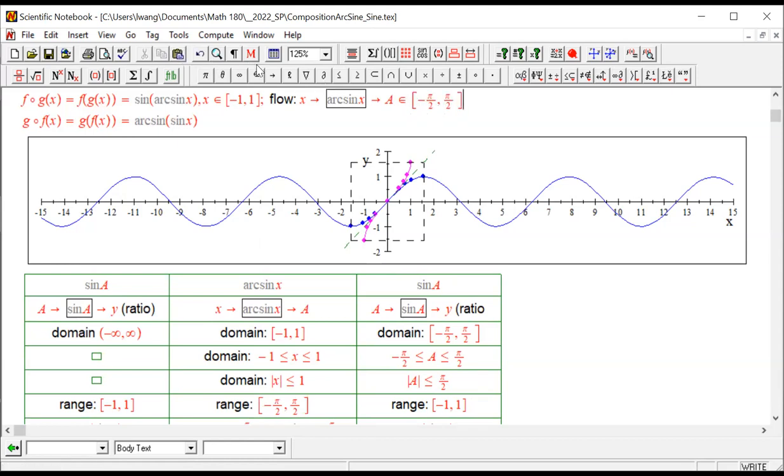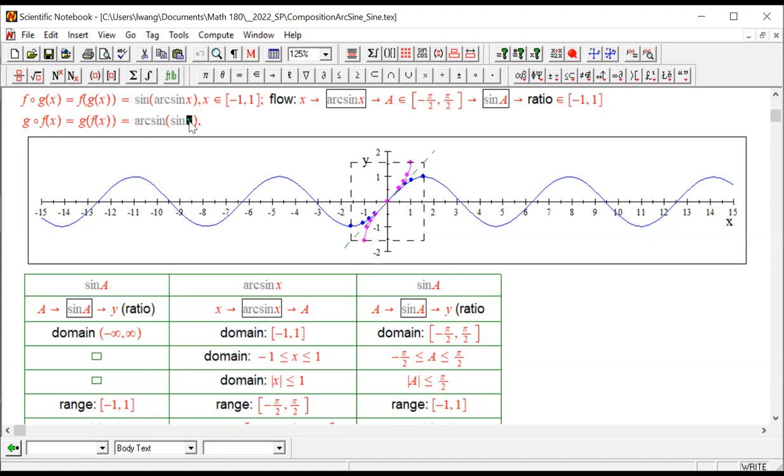This angle then becomes the input for sine, and in the end it produces a ratio, which is also going to be in the range for sine.